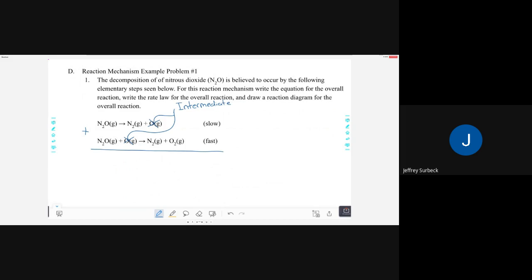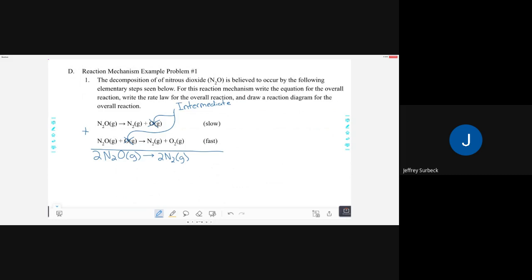We double check ourselves and say, okay, there is nothing else on opposite sides of the different equations that can be crossed out. So we add these together. We have N2O plus N2O, so that gives us a total of 2 dinitrogen monoxides on the left-hand side. There is nothing else left on that left-hand side, so we draw our arrow, and then we have nitrogen N2 plus another nitrogen N2, which gives us 2 N2.